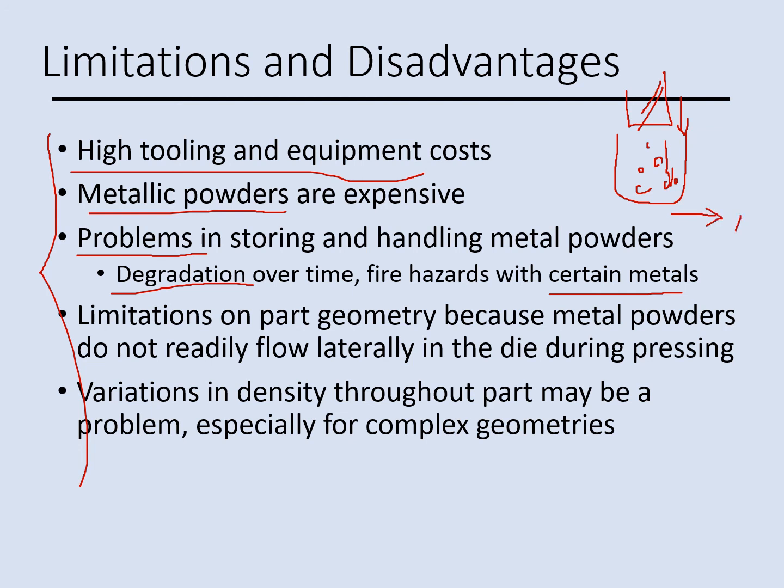For example, this is X direction. They do not flow. So that is a problem if you want to make a die with a different shape, in more complex geometry. If you want to extend the shape of the die and make it larger in this corner, then this powder won't flow in this side of the die to fill that corner. So this becomes a problem.